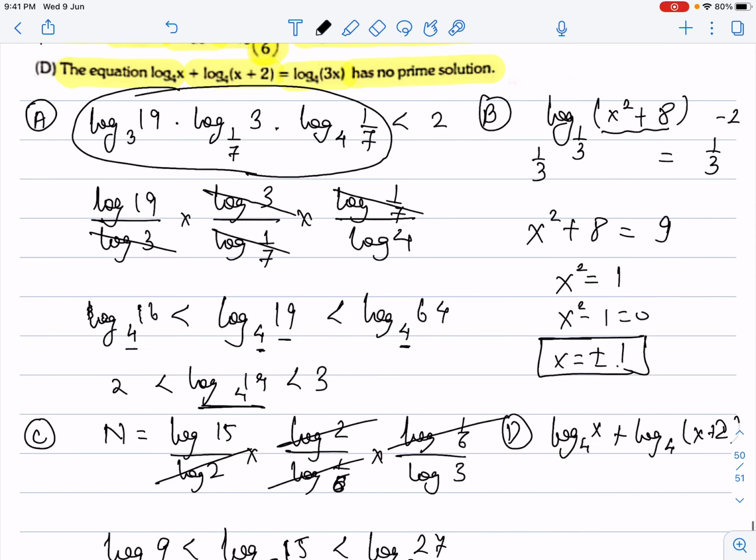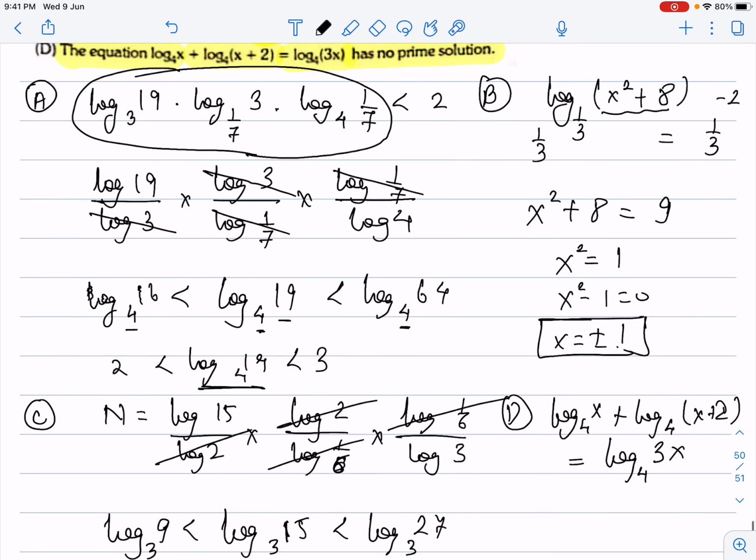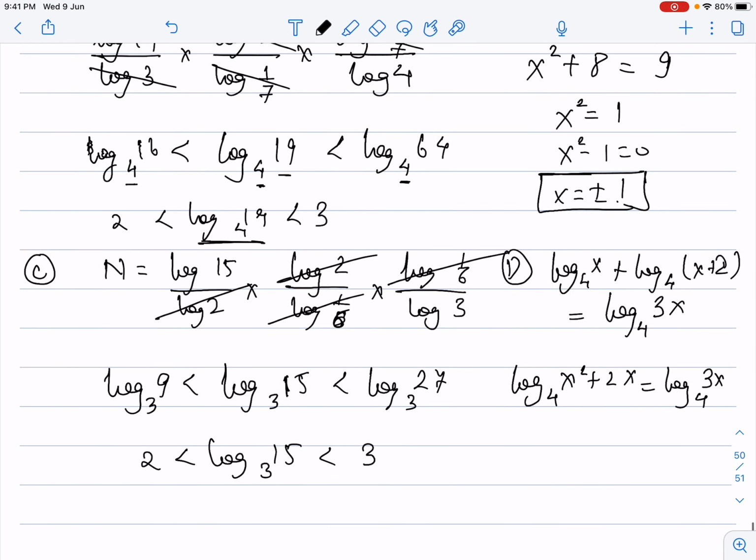Product of these two things, and it is equal to what? Log of 3x base 4. So that will be becoming log of x square plus 2x base 4, which will be equal to log of 3x base 4. Now taking anti-log on both the sides, we would have to check for the domain also. So that also I will write it over here.